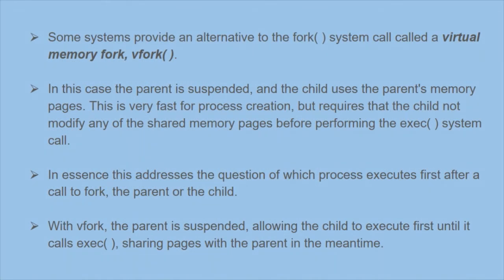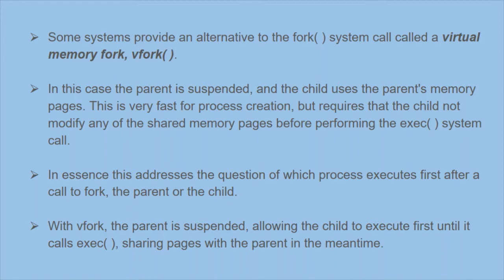Some systems provide an alternative to the fork system call called the virtual memory fork, or vfork. In this case, the parent is suspended and the child uses the parent's memory pages. This is very fast for process creation, but it requires that the child not modify any of the shared memory pages before performing the exec system call.